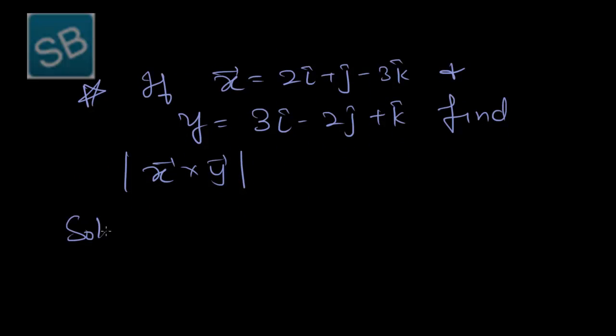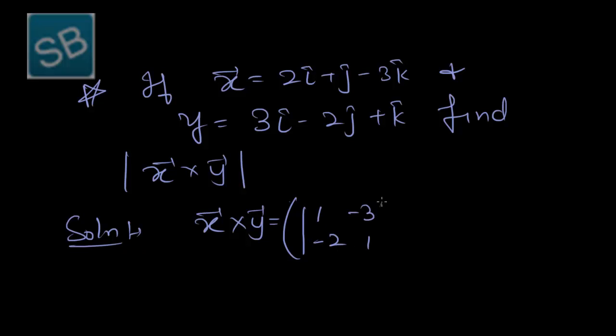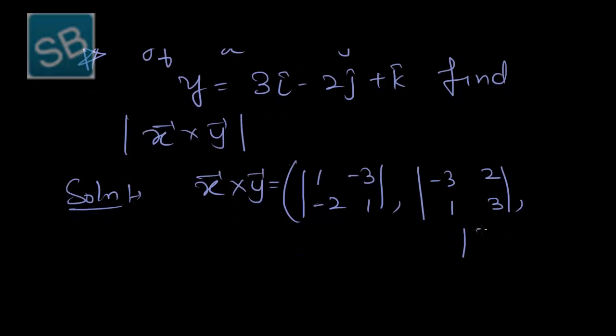Now the solution is x cross y, that is the determinants of (1, minus 3, minus 2, 1), comma, (minus 3, 2, 1, 3), comma, (2, 1, 3, minus 2), comma.